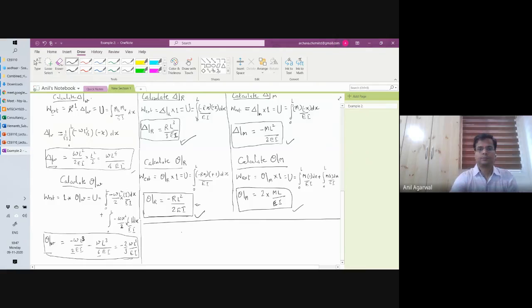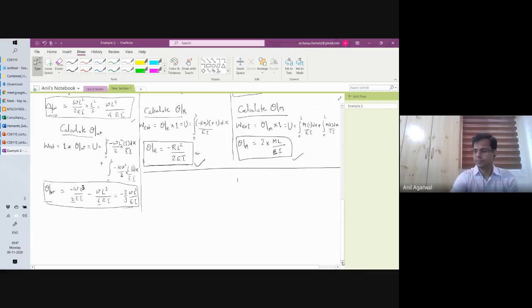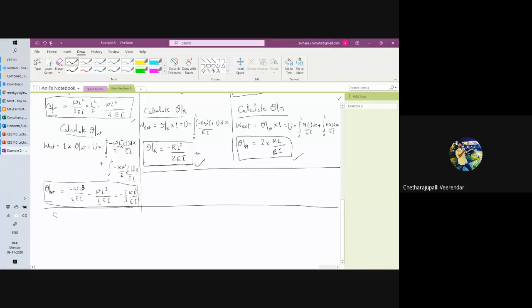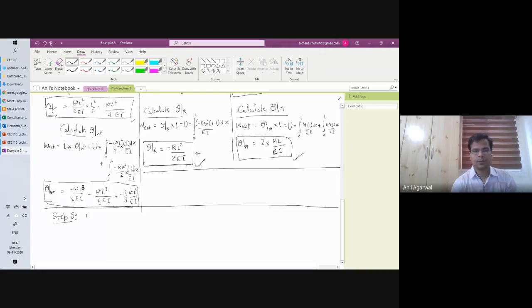Now we need to enforce the next step. Step 4 is done, so the next step would be step 5: solve for R, mostly compatibility conditions. Yes, compatibility.